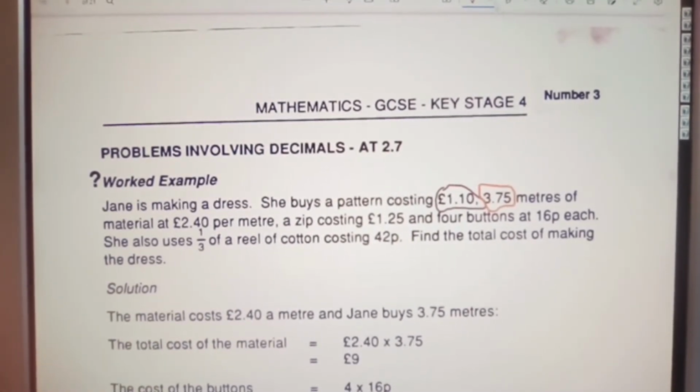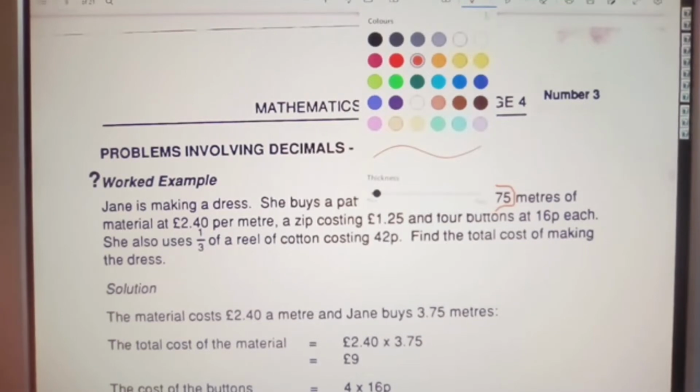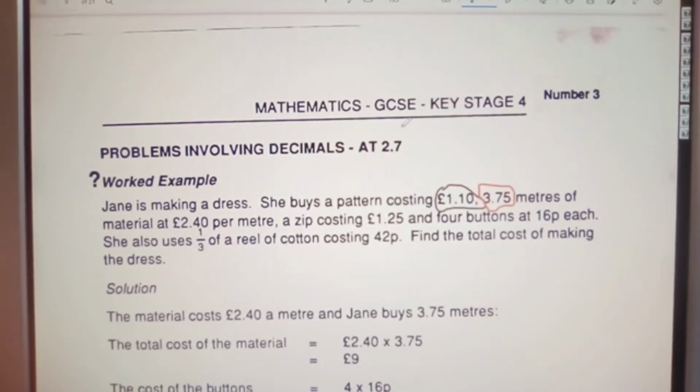Let me change my pen colors again, so we get a variety of colors. And then we have the materials at £2.40 per meter.